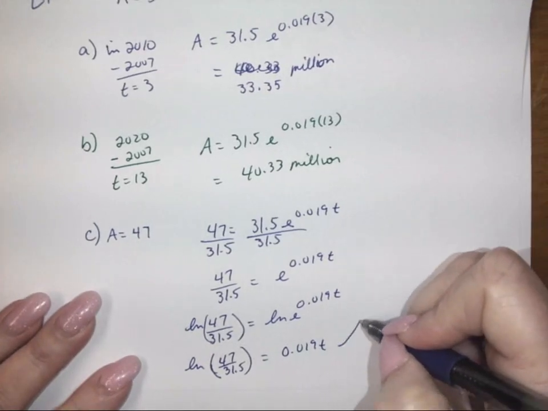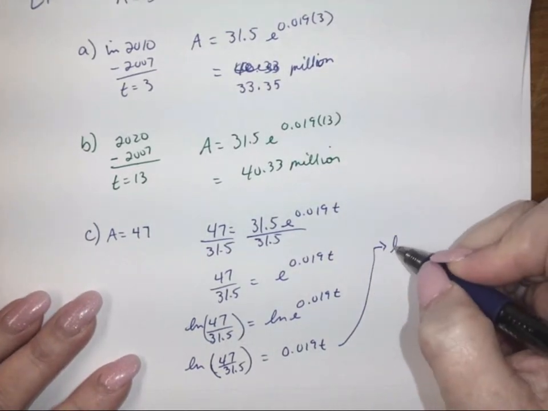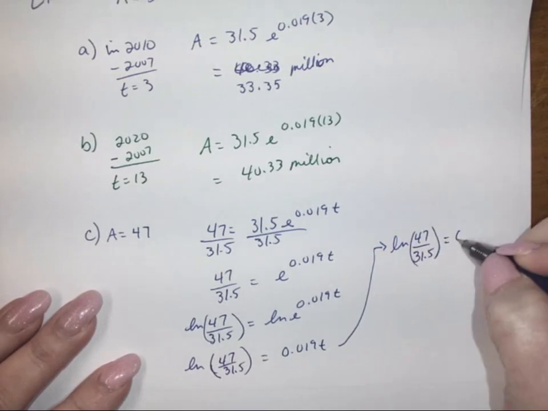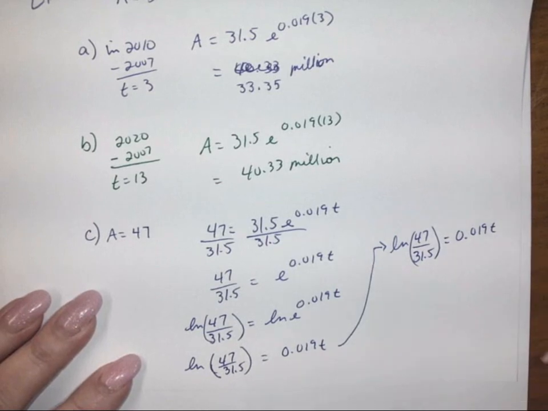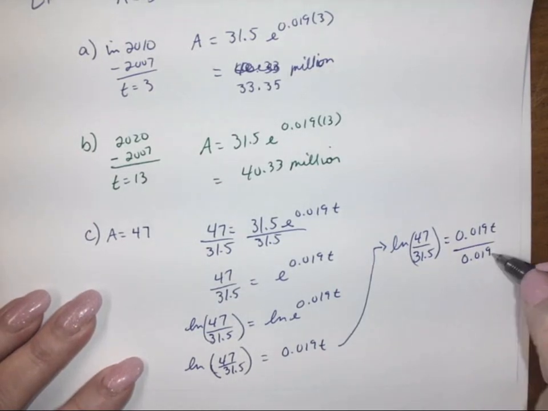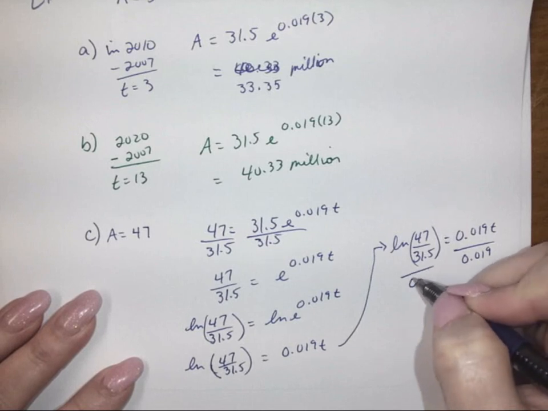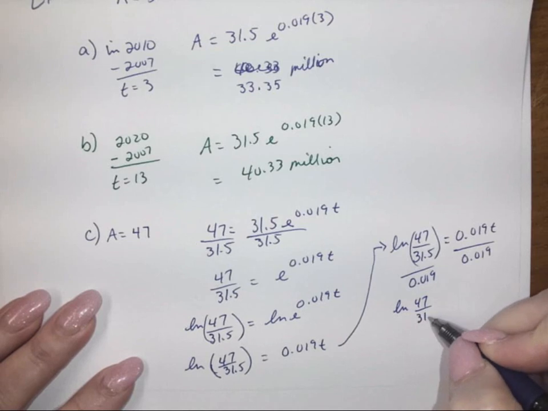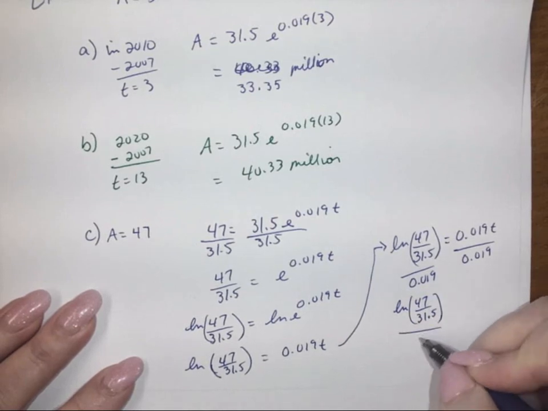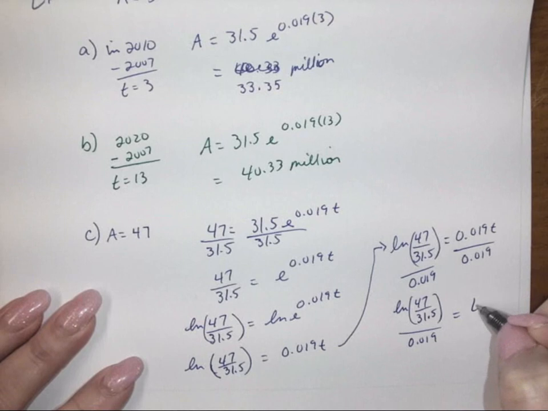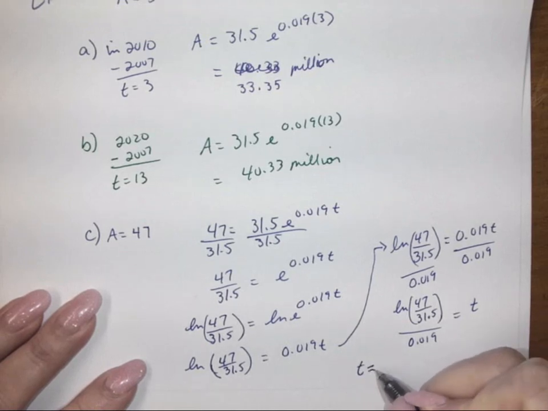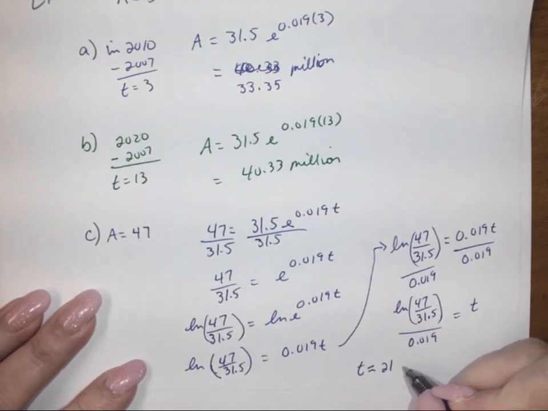So I'm going to finish this one right up here. I'm going to rewrite that: ln of 47 over 31.5 equals 0.019 t. Now I need to divide both sides by 0.019. And we'll have the ln of 47 divided by 31.5, divided by 0.019, is equal to our t. So t will be approximately 21 years.